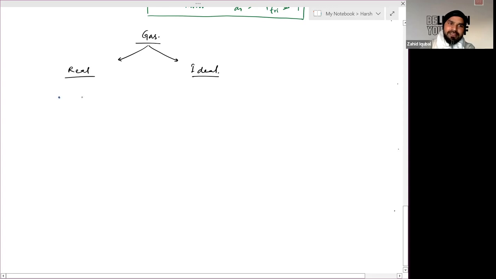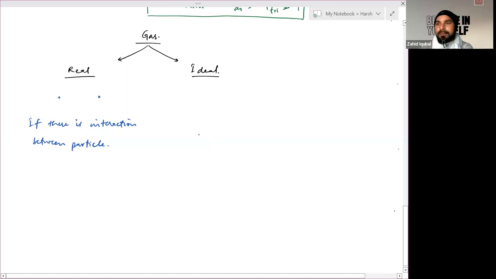Suppose you have this particle and this particle in a gas. If there is interaction between these two particles in that particular gas, due to this interaction, they will have some attractive force between them.